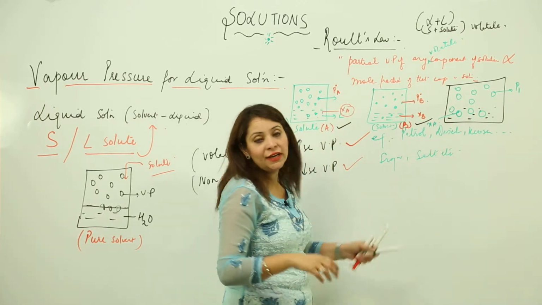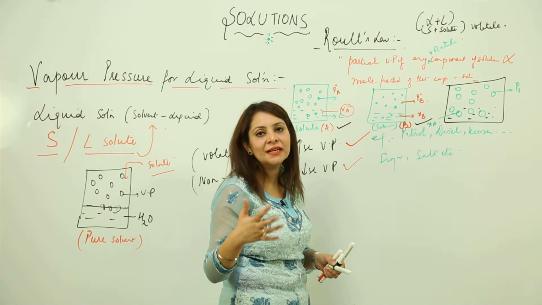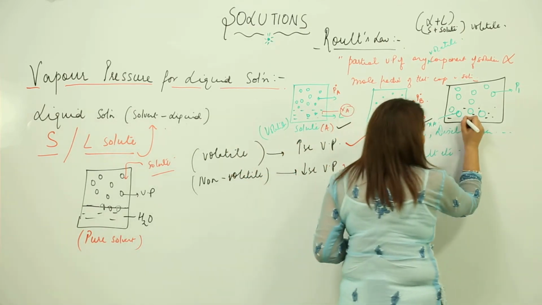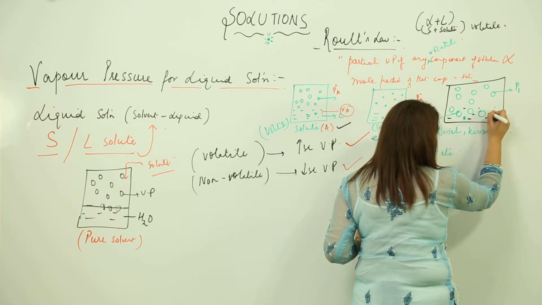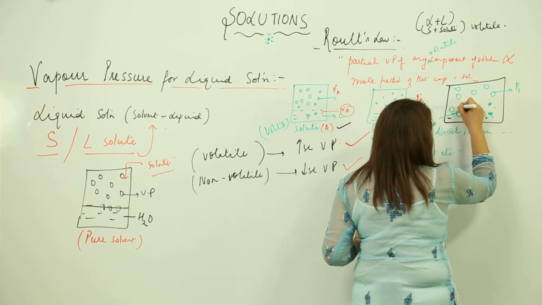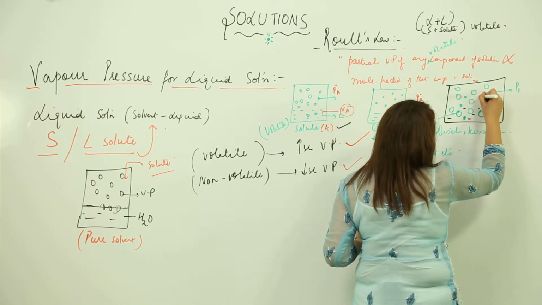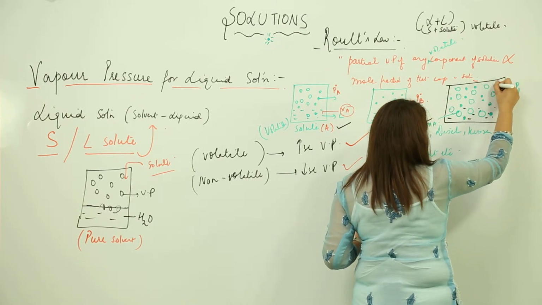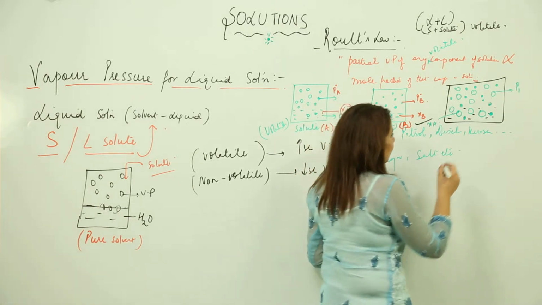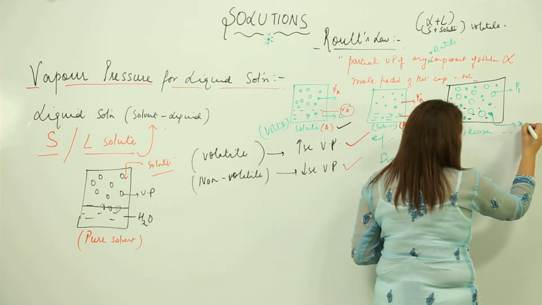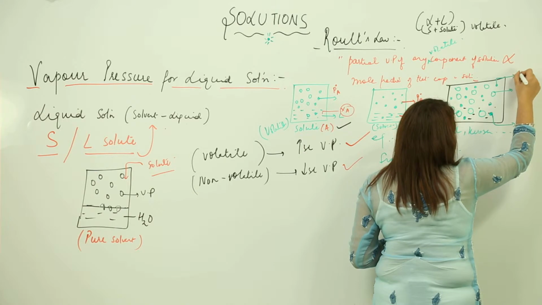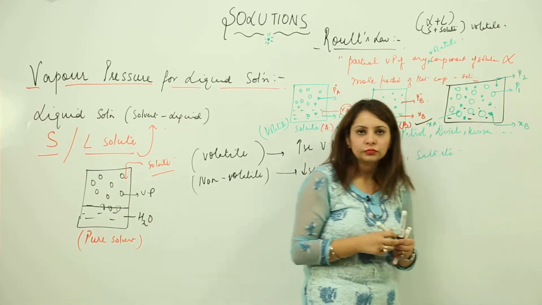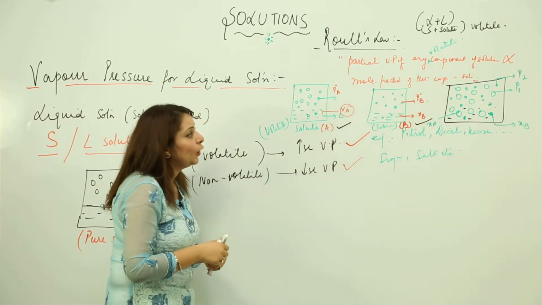Now we have the solvent, which is also volatile and has a tendency to escape. So let us make it with dark circles. They are also present in the vapor form. Let the mole fraction of the solvent be XB and the pressure due to it be P2. Now what does Raoult's law want to say?